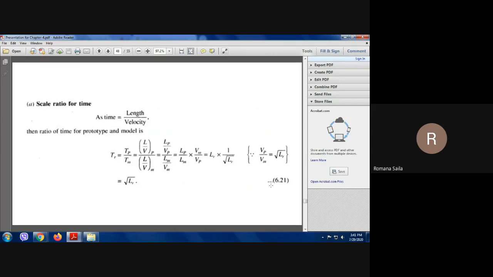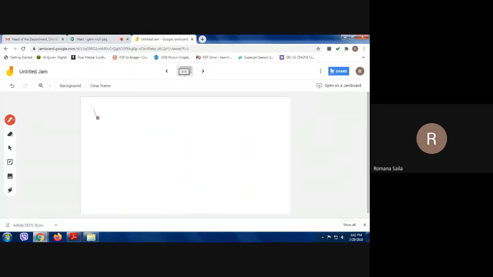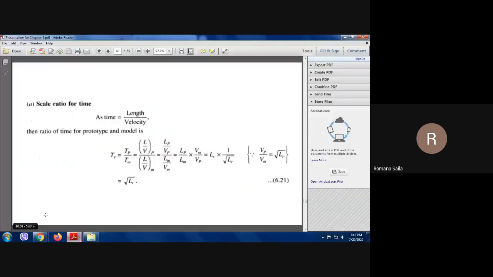And now the scale ratio for time. We know time is equal to length by velocity, because velocity is equal to L by T, so T is equal to L by V. Then the ratio of time for prototype and model is TR.